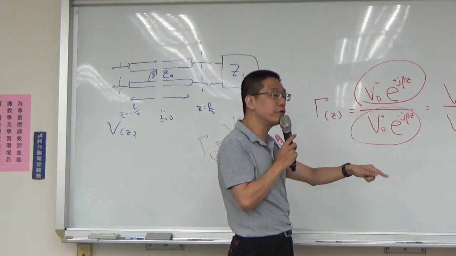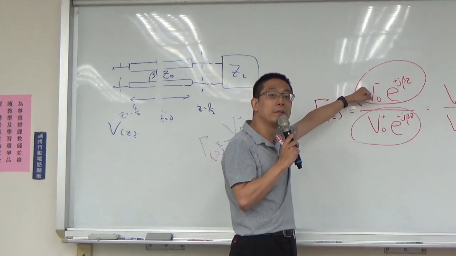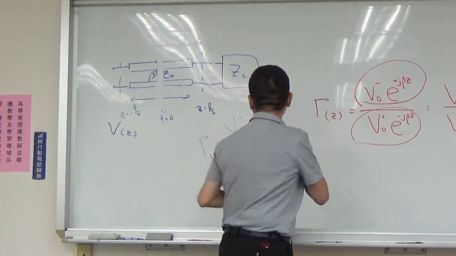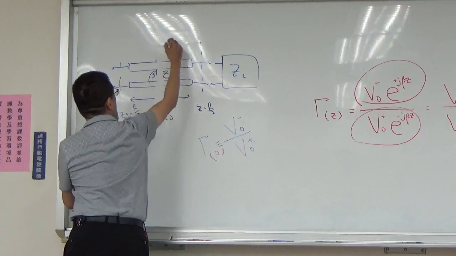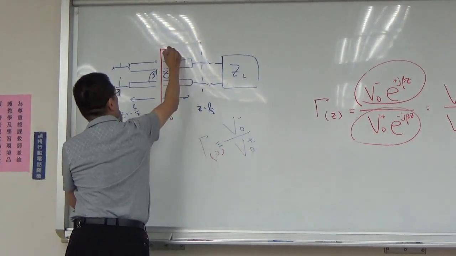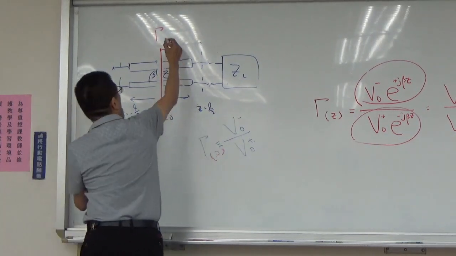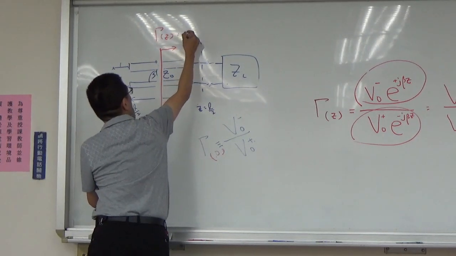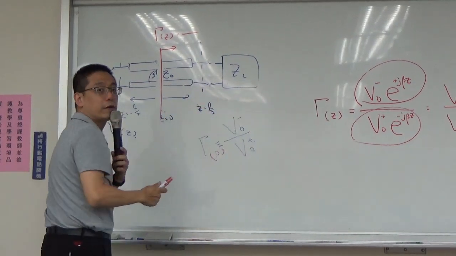So this one is positive, this one is negative, right? This term over this term, right?